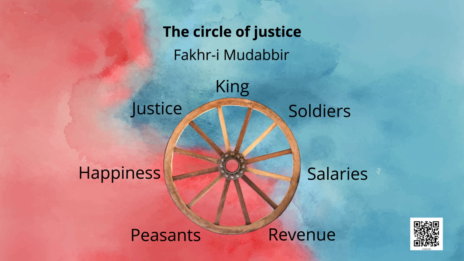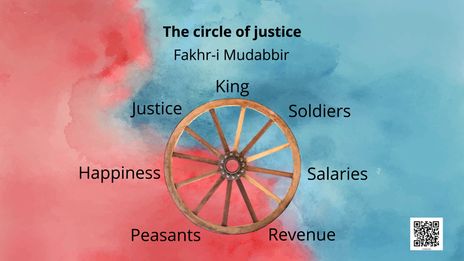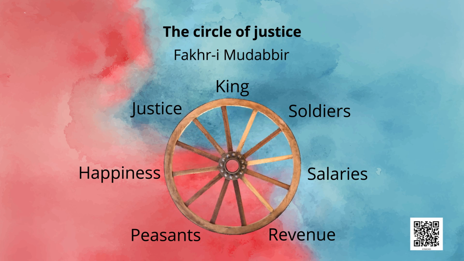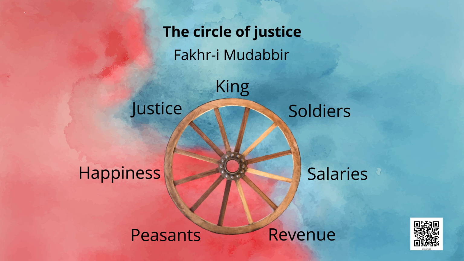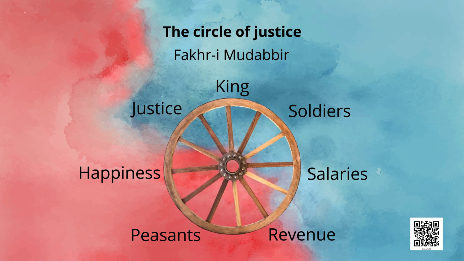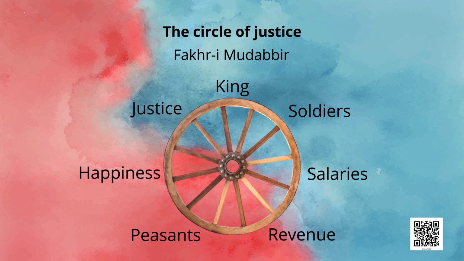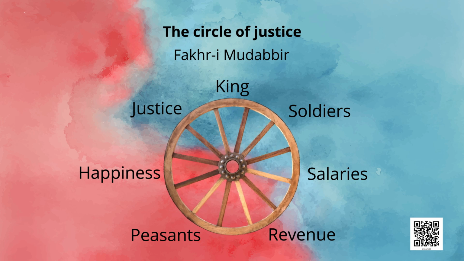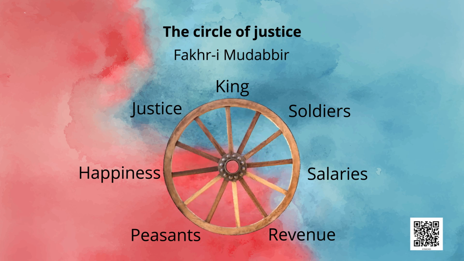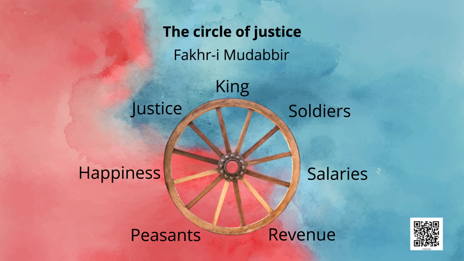So students, here we discuss the circle of justice. Fakhr-i-Mudabbir wrote in the 13th century that a king cannot survive without soldiers and soldiers cannot live without salaries. Salaries come from the revenue collected from peasants, but peasants can pay revenue only when they are prosperous and happy.